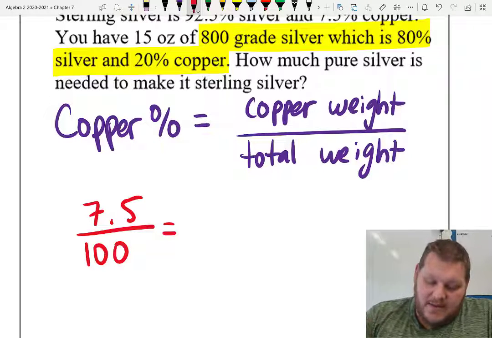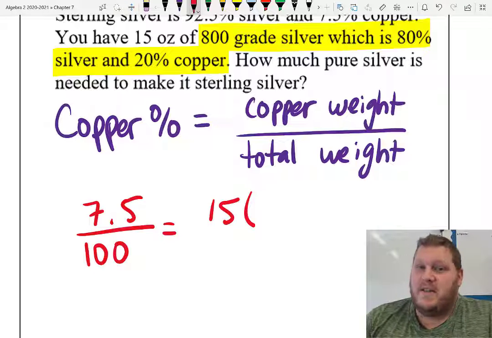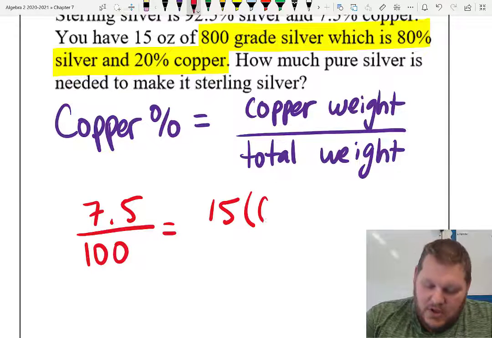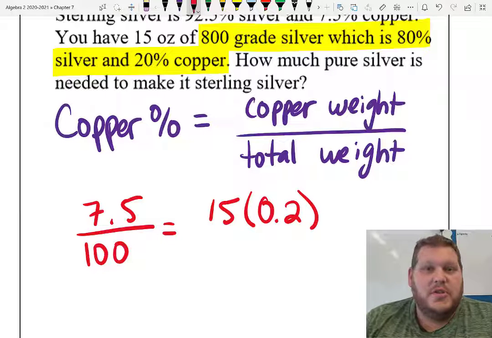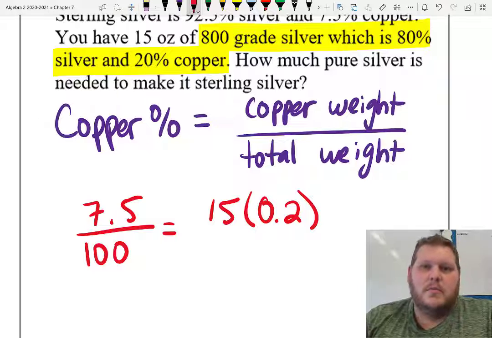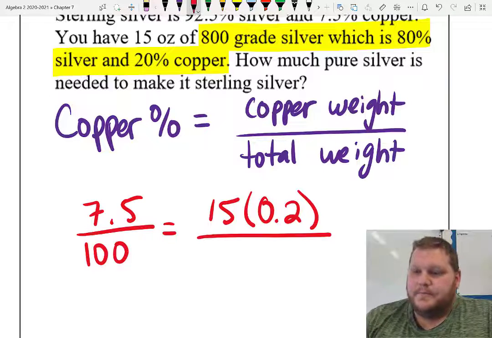Now they tell us that we have 15 ounces of 800 grade silver, which 20% of that is copper already. So of that 15 ounces, 20% of it, which is 0.2 as a decimal, is copper. The other 80% is silver.